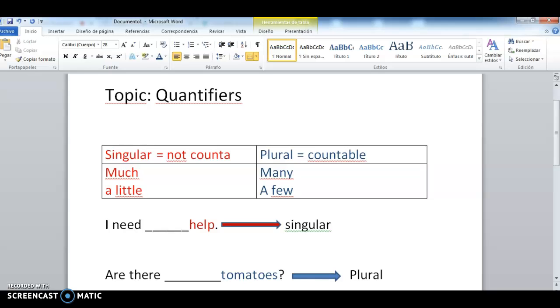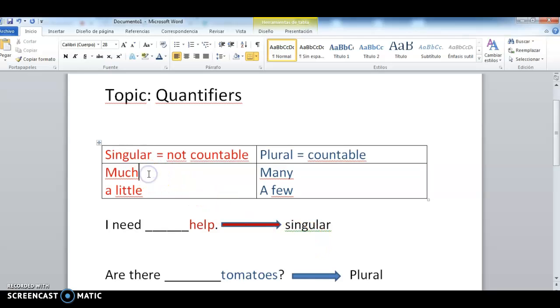But for this exercise only, if we're talking about something in singular, we're talking about something that is not countable. And if the word or the sentence I see in plural form, that means that it's countable for this exercise. Okay, so we have the red indicating that in this sentence there's something in singular.